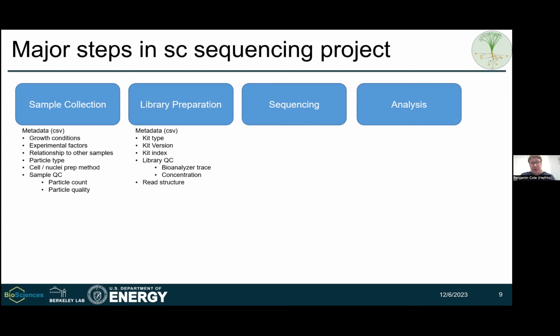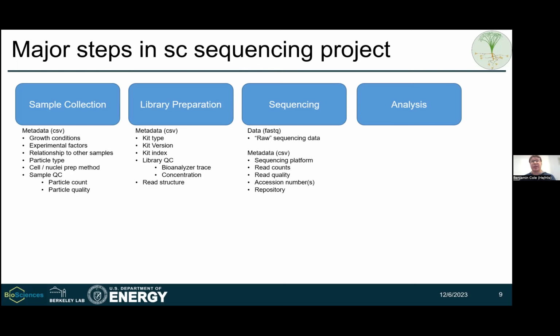Sample QC: anything that was done to say that those particles were high enough quality to proceed with library prep. And then metadata associated with library preparation, importantly the kit that you're using to generate single cell data, the version, the index, all those things that you would need to take that primary data set and transform it into a more processed data set.